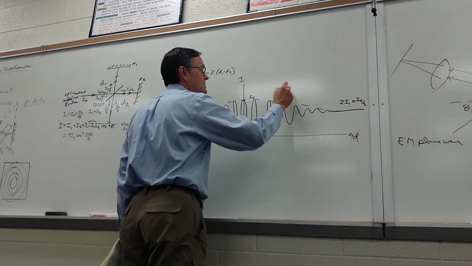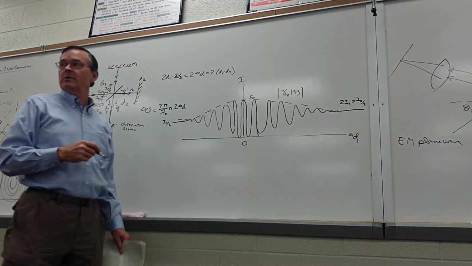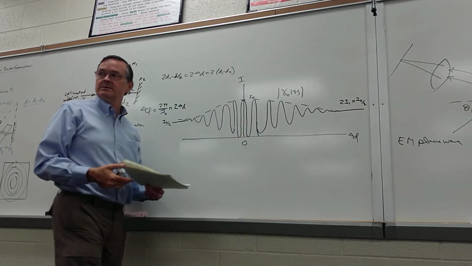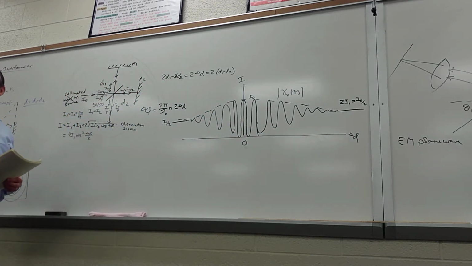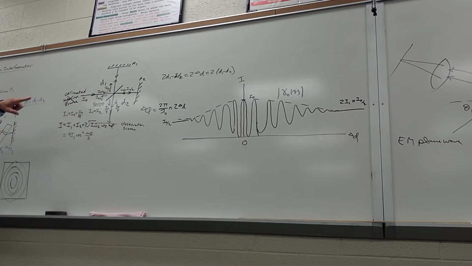It'll be the coherence, gamma 1,1 of tau, where tau now is mapping onto the delta D axis. So in other words, I can measure the temporal coherence of the source with my interferometer. Now, does this make sense to everyone, this picture?